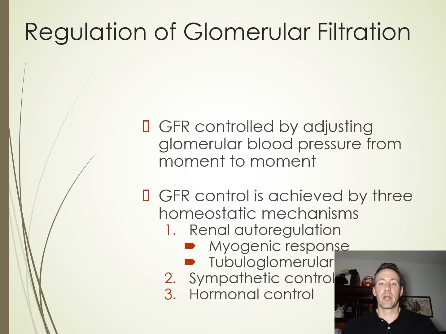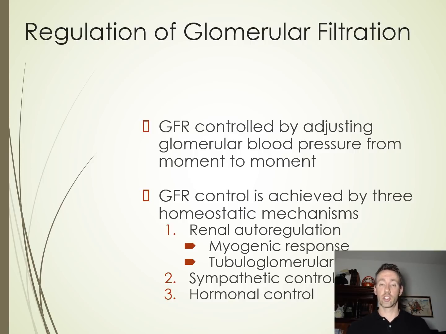So, regulation of glomerular filtration. GFR is controlled by adjusting glomerular blood pressure from moment to moment. Again, if you remember, the glomerulus is surrounded by an arteriole, an afferent and an efferent arteriole. So the GFR is controlled by three mechanisms: renal autoregulation, which is a myogenic response, which you guys have heard of. That is a contraction response to being stretched by those stretch receptors.